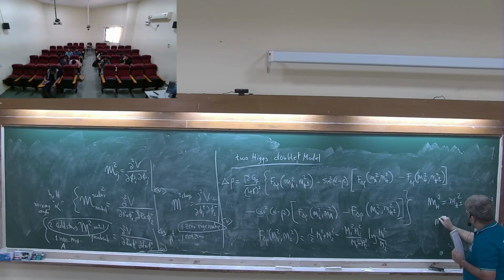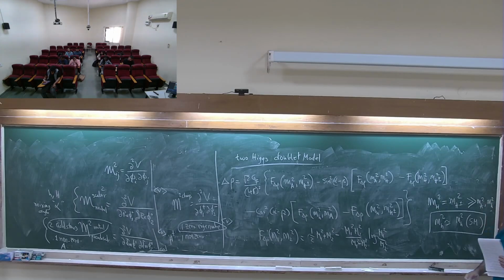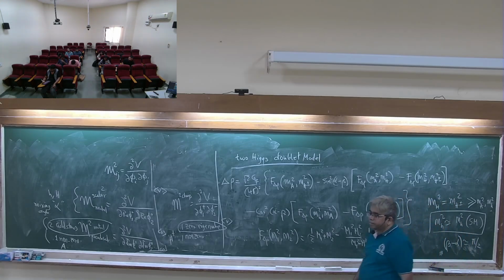So that the light Higgs is identified with the standard model Higgs. That won't be sufficient. You also need beta minus alpha close to pi by 2, which is called the alignment limit.